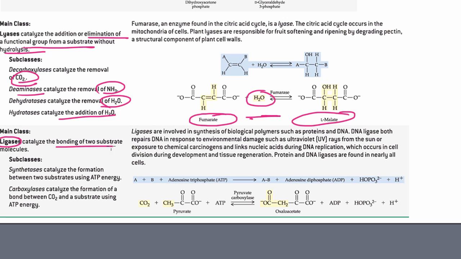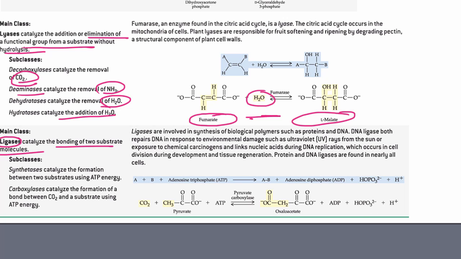Ligases catalyze the bonding of two substrate molecules. So, for example, RNA, DNA, and protein, we can think of those as biological polymers. For example, proteins. We know that proteins are many amino acids that are linked together.